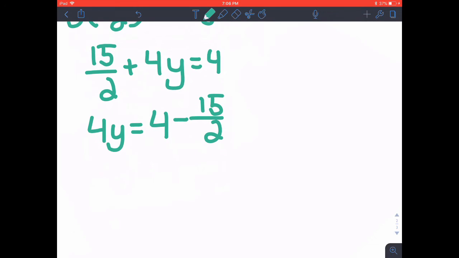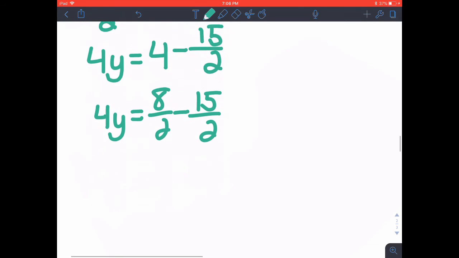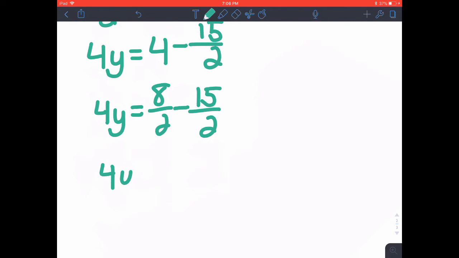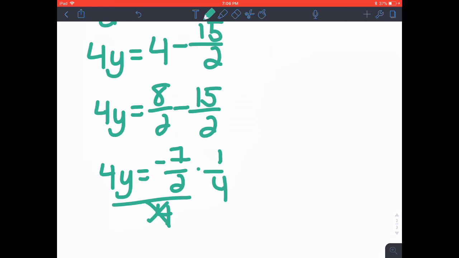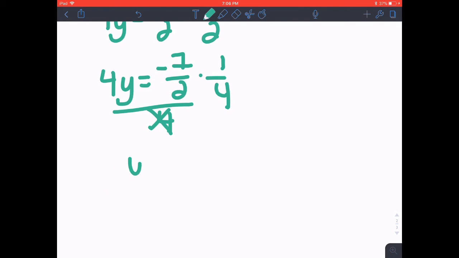We can convert the 4 by multiplying it times 2/2, so we get 4y equals 8/2 minus 15/2, and so you get 4y equals negative 7/2. You can divide by 4, which is the same thing as multiplying times 1/4, so you get negative 7/2 times 1/4, and you get y equals negative 7/8.